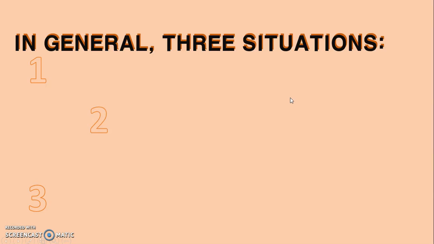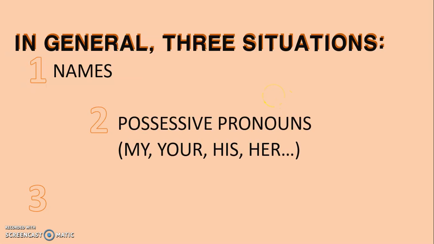In general, there are 3 situations in which we need to add commas. 1, like in the previous example, we are given a name of a person or name of a place. 2, if there is a possessive pronoun, for example, my book, your book, his book, her book.